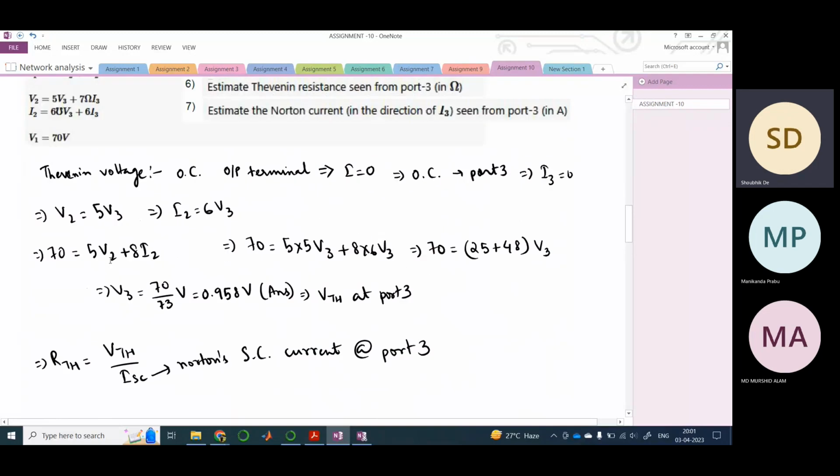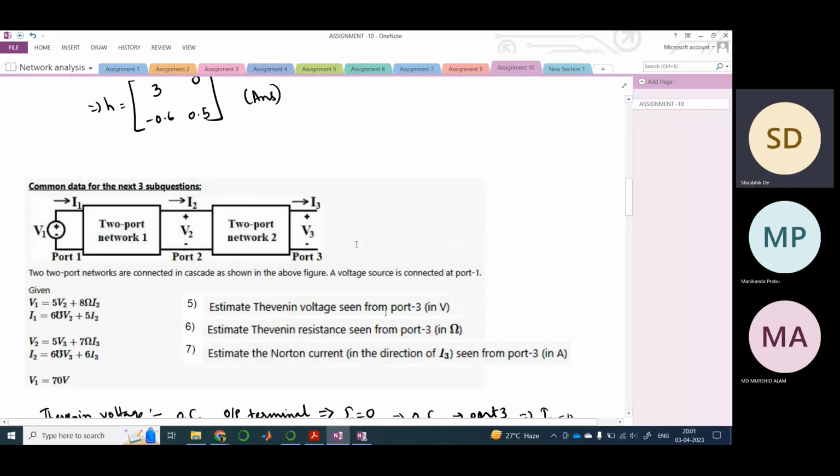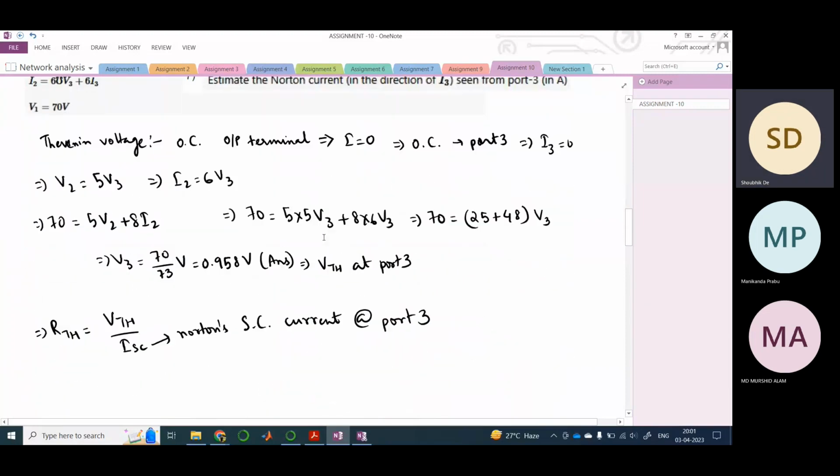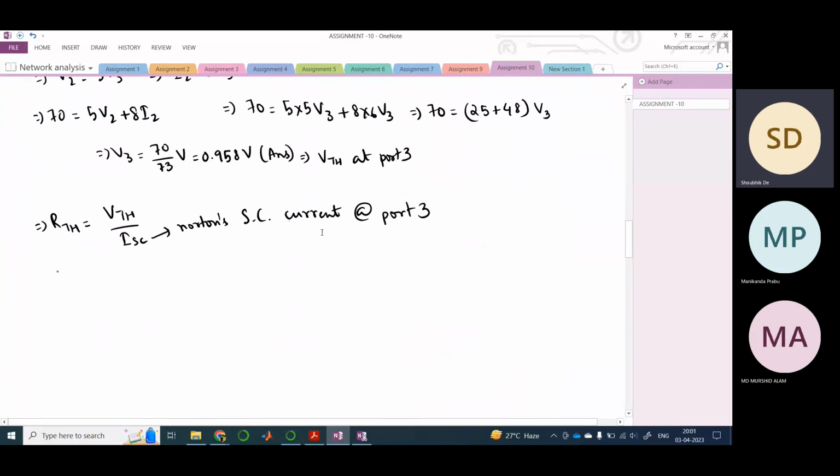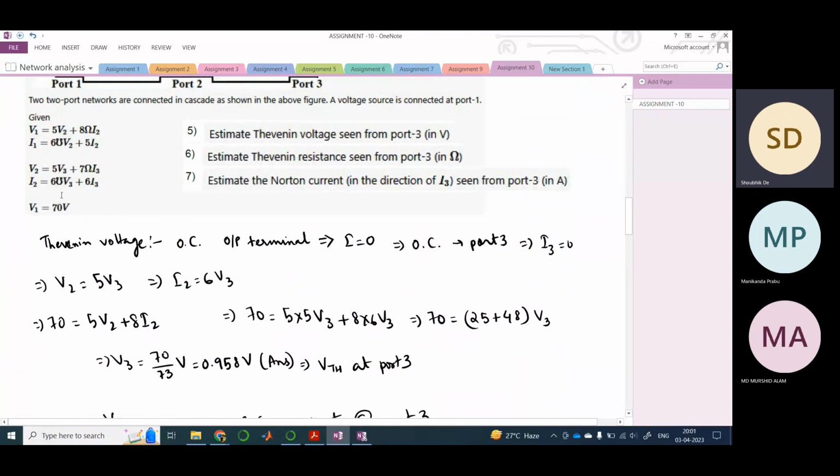Let us first find out the current at port 3. For finding Norton's current, we need to short circuit this, and here I3. Therefore V3 would be 0, because if we short it, the potential at this node becomes 0. This gets reflected in these two equations.